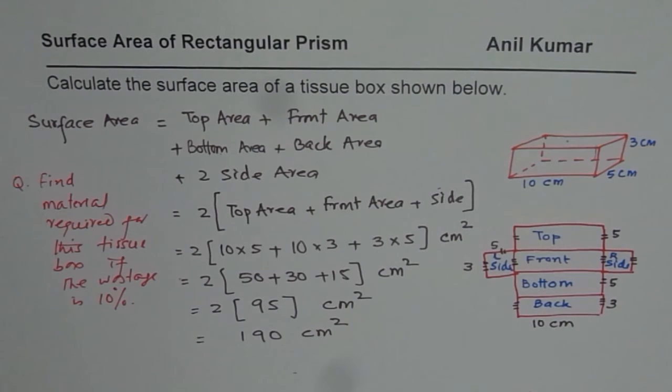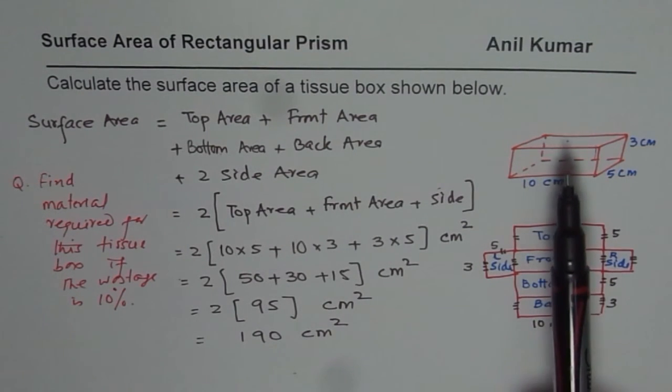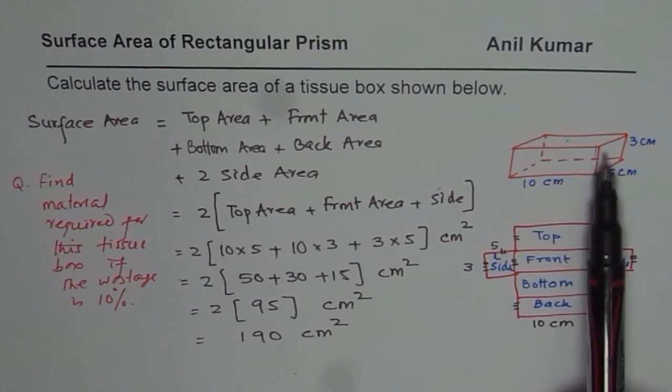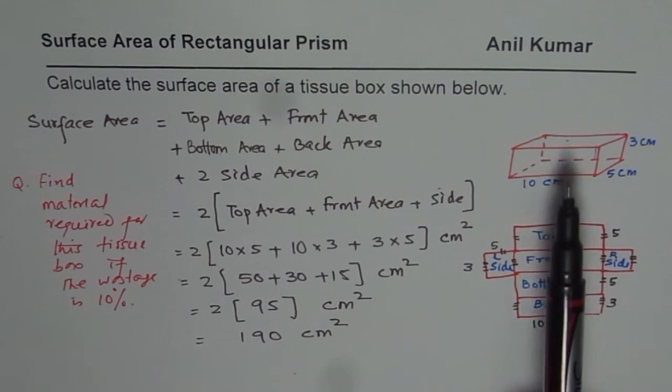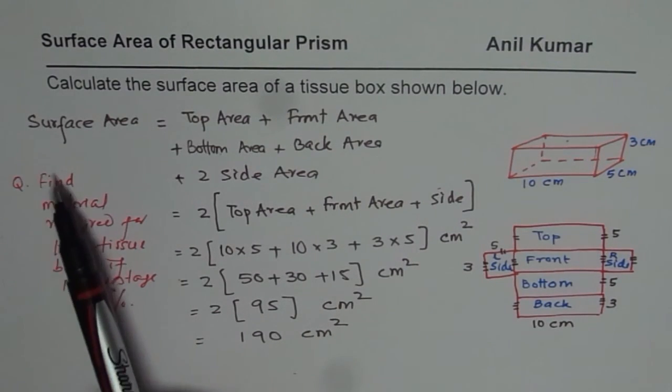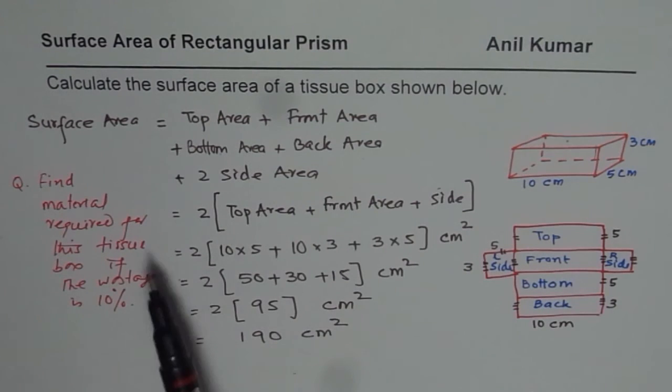So quickly scribble this, but I've told you what I need. Find the material required. It could be hard paper or some good quality paper, or it could be a reused paper, whatever it is. Find the material required for this tissue box if the wastage is 10%, right?